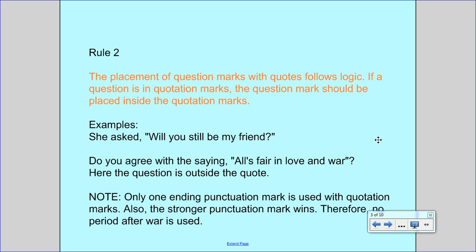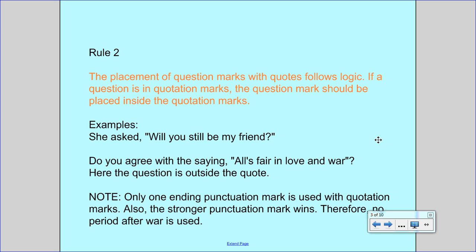On the other hand, when it comes to placing question marks, we're going to follow some pretty simple logic. If the thing that is in between the quotes is the question, then the question mark will be contained within the quotation marks. If the question is the sentence as a whole, then the question mark is going to go outside of the quotation marks.